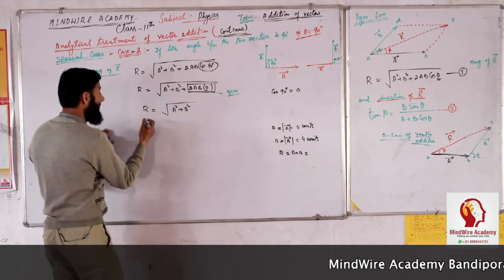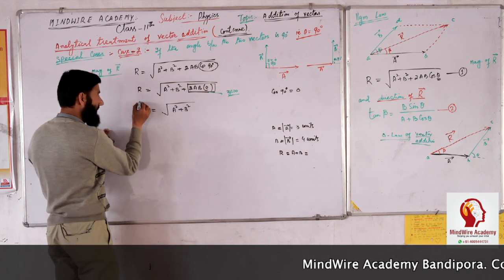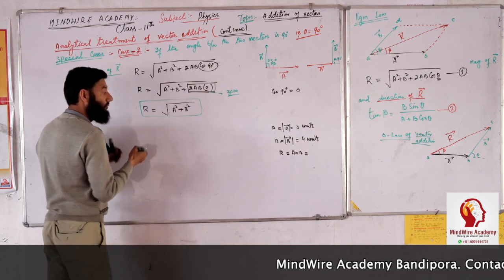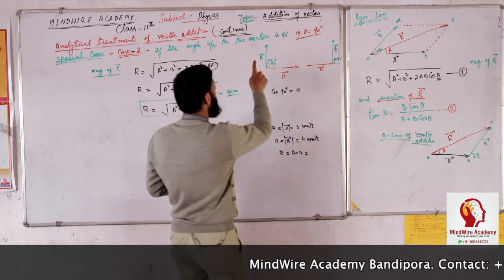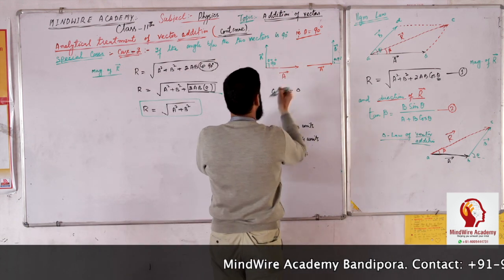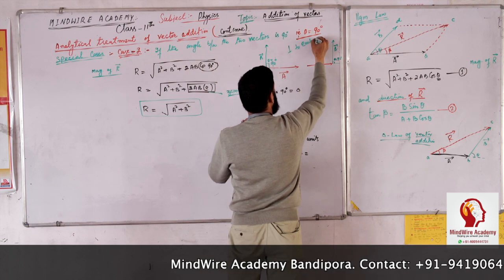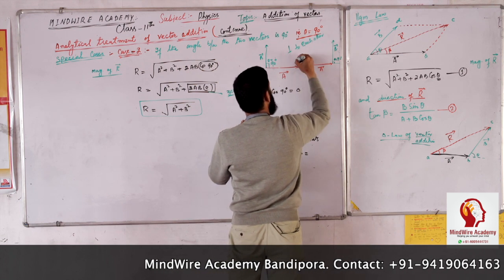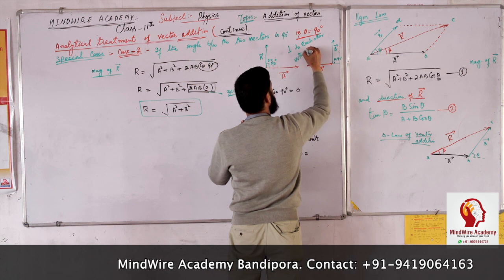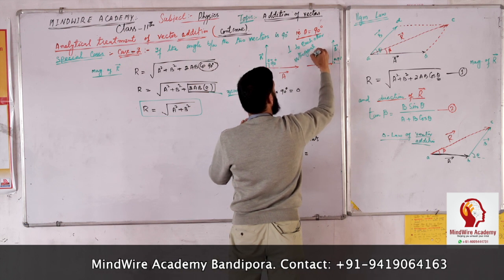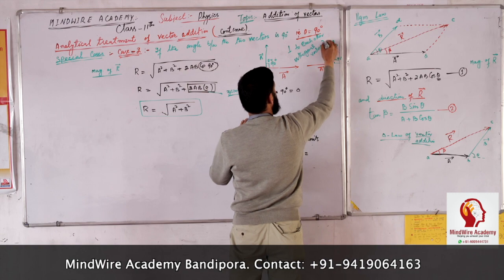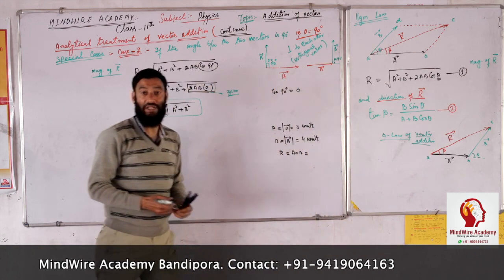So, here we will get the magnitude of the resultant of those two vectors which are perpendicular to each other, or we can say that these are basically the orthogonal vectors. Orthogonal vectors, as the angle between them is 90 degree.